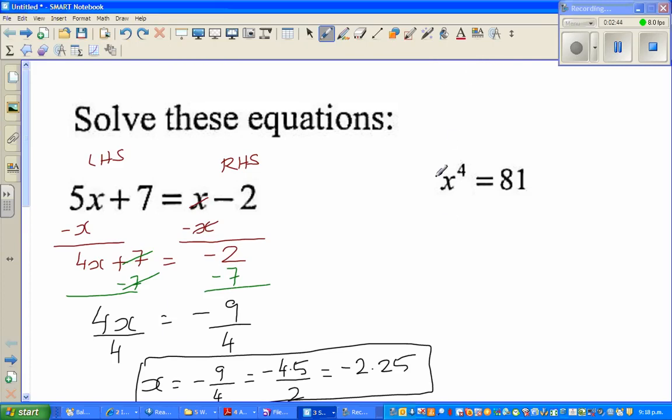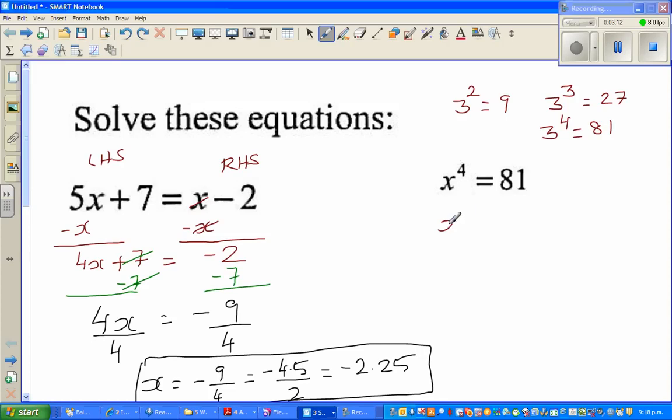I'm doing this without a calculator, so I will think, how can I write this as a fourth power? Do you know any number that raised to 4 gives you 81? It's good to know that 3 squared is 9, that is 3 times 3. 3 to the power 3 is 27 and 3 to the power 4 is 81.